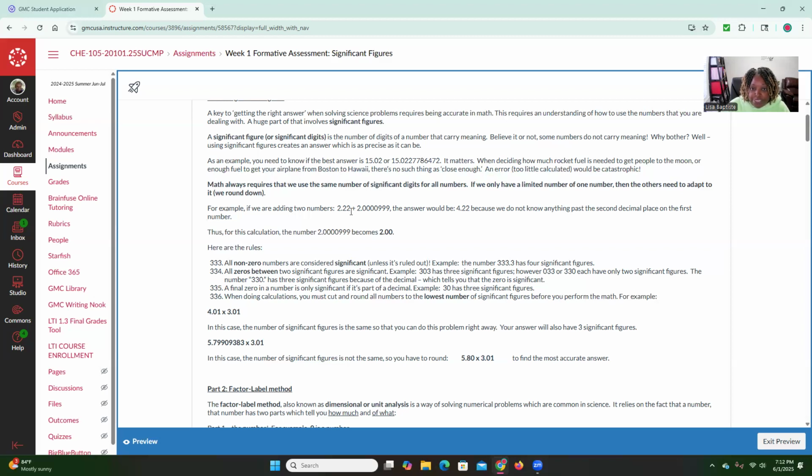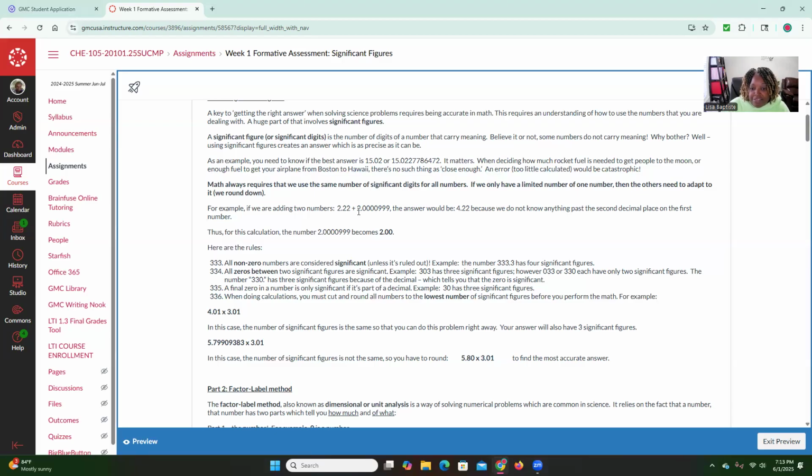2.22 has three significant figures, and 2.00000999. Now there are one, two, three, four zeros here, but they are between a 2 and a 9. So it doesn't matter how many zeros are in between the non-zero numbers, they are still significant.